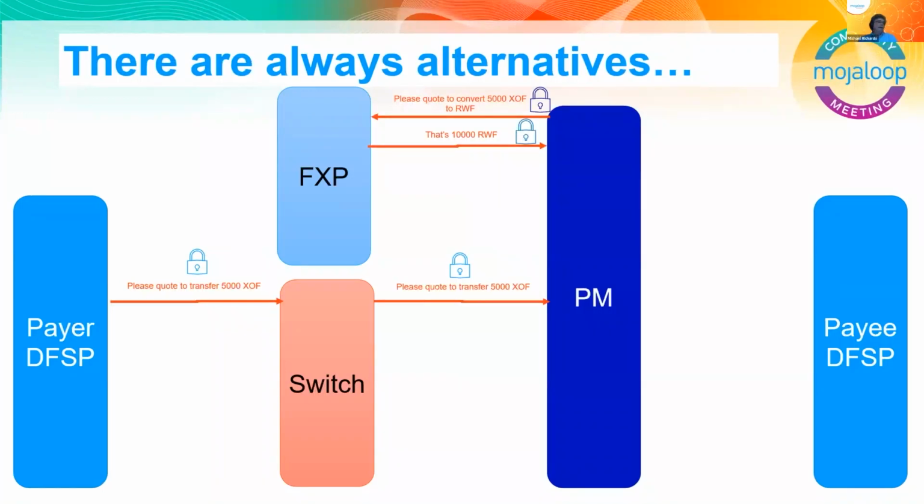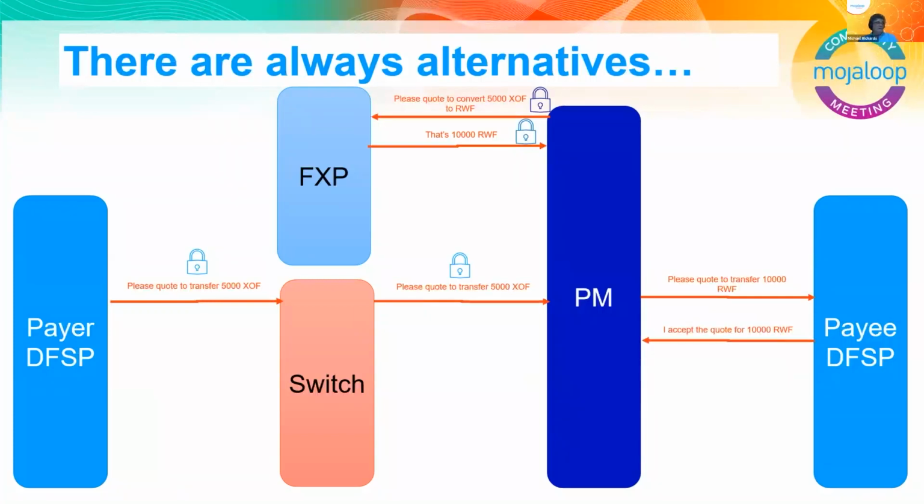The quotation comes back, it's signed by the FXP. Now the quotation goes through from payment manager to the payee DFSP. But because it's payment manager that manages the non-repudiation certificate, there is no non-repudiation certificate. That has already been passed by the payment manager. It just comes through as a direct synchronous request to the payee DFSP in a currency it recognizes.